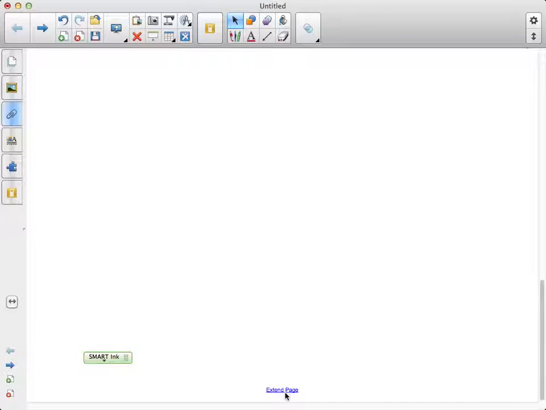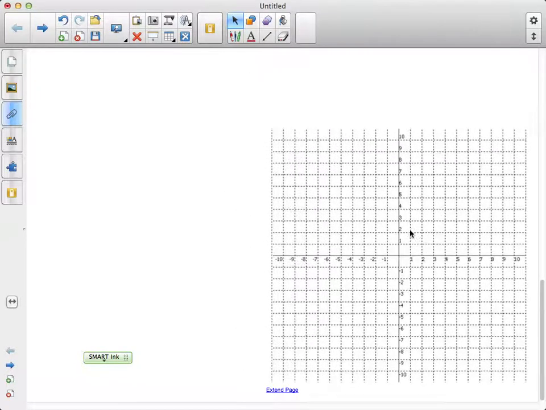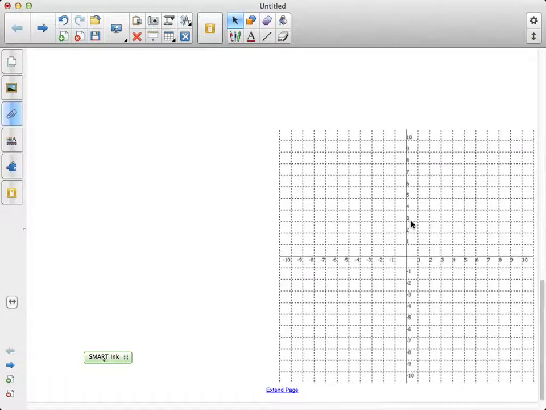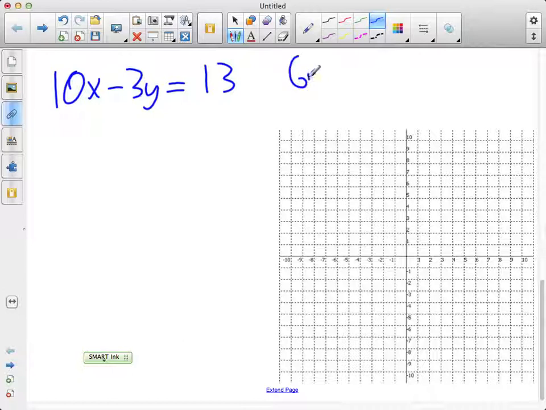So let's take a messy line, just to prove my point: 10x minus 3y equals 13. Of course, we could still convert this to slope-intercept form, but another thing we can do is called the graphing by intercepts method.